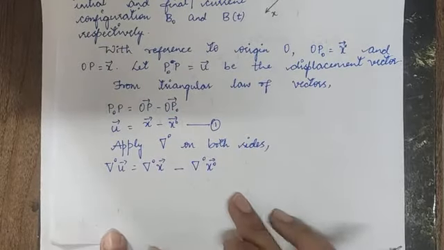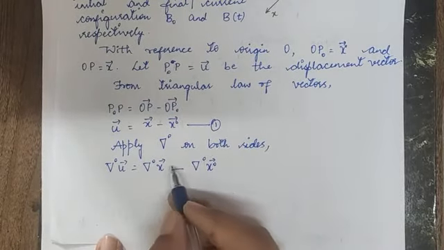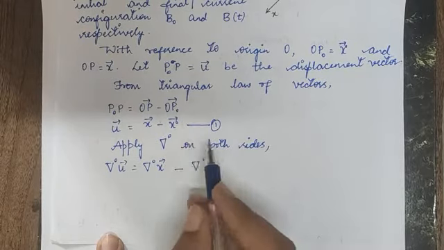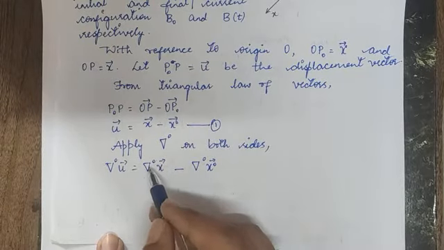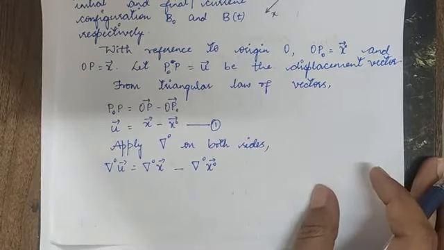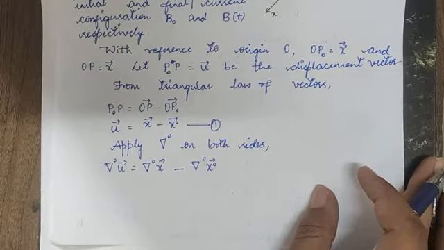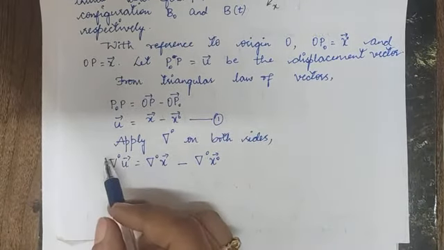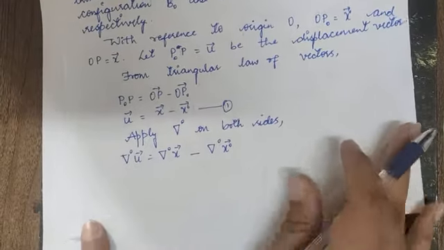Using the deformation gradient tensor, you can go through your notes. Del naught x is nothing but F, the deformation gradient tensor in material form. This del naught u is the displacement gradient in material form.